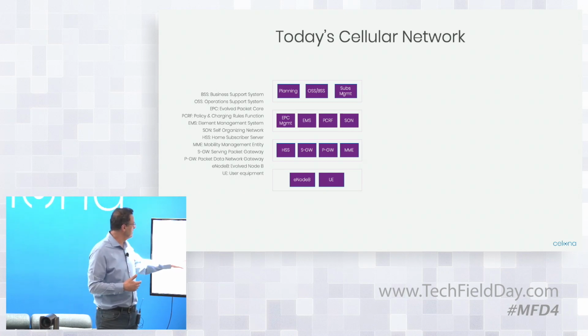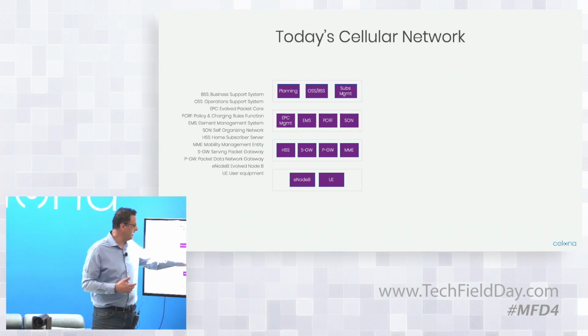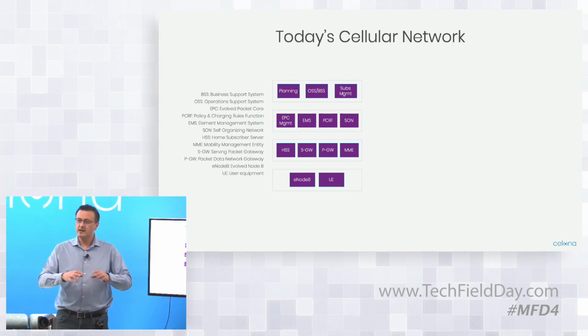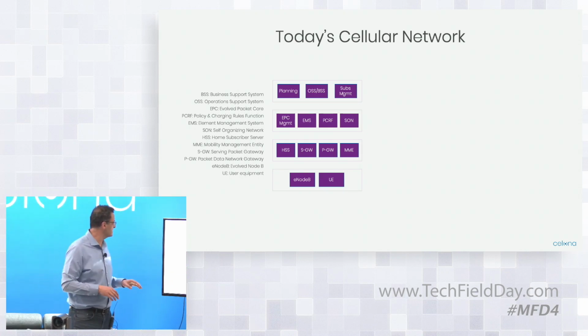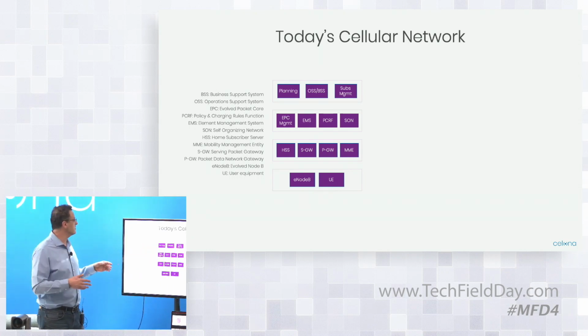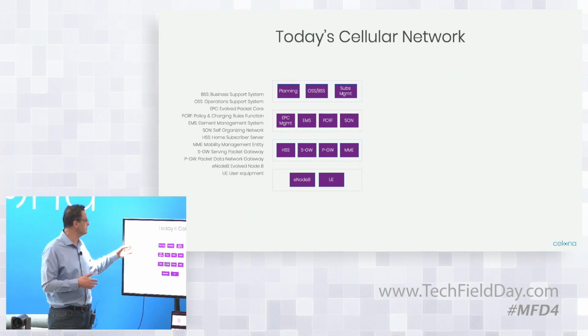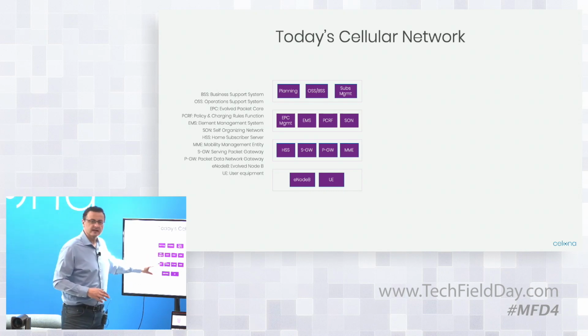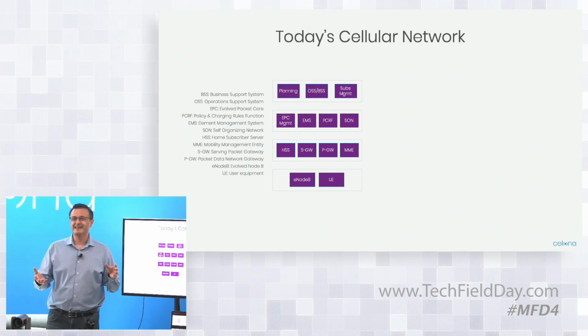Self-organizing networks handles the radio resource management functionalities for all the base stations. And on top of that, you have the planning tools, the operations and business support systems, OSS and BSS, and overall subscriber management. So these are all the things that you need to run an LTE network.